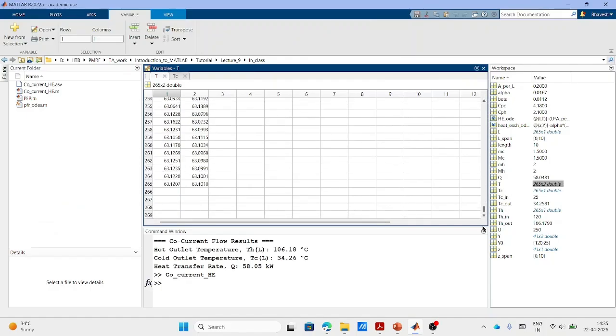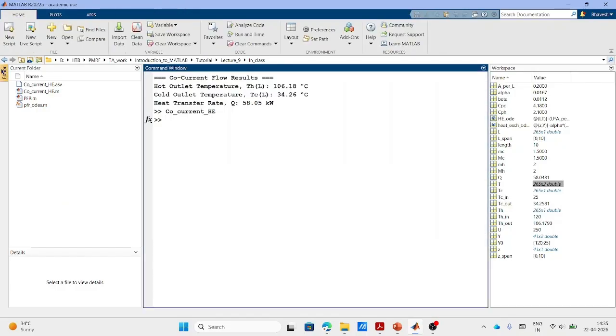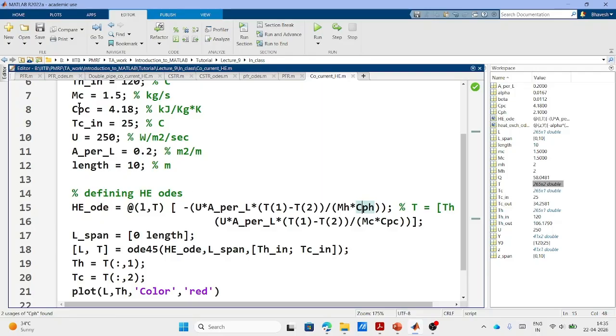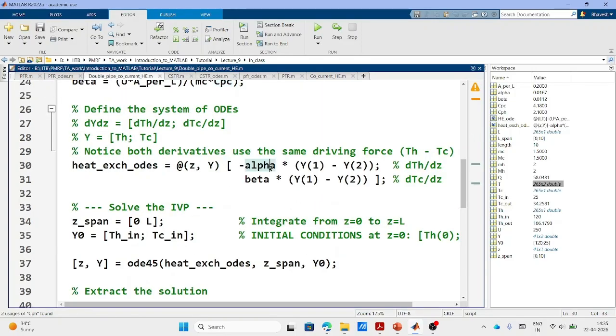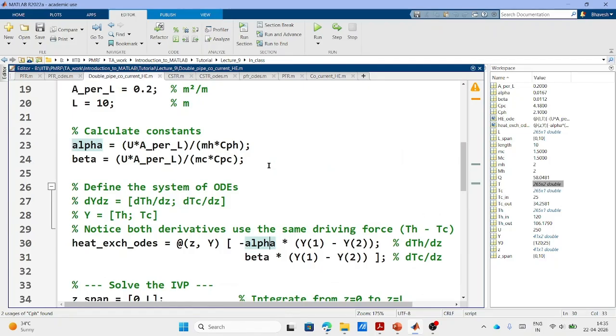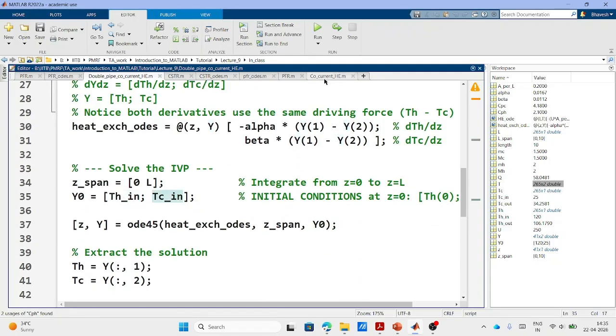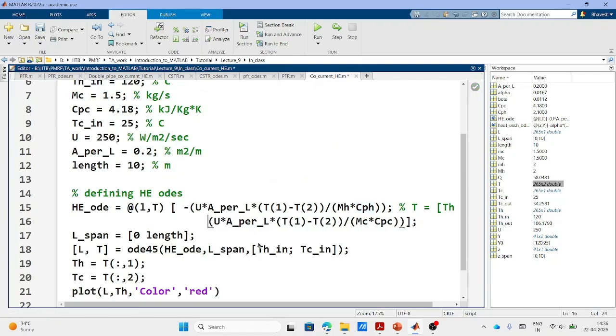Still making some error. It's computing everything correctly.